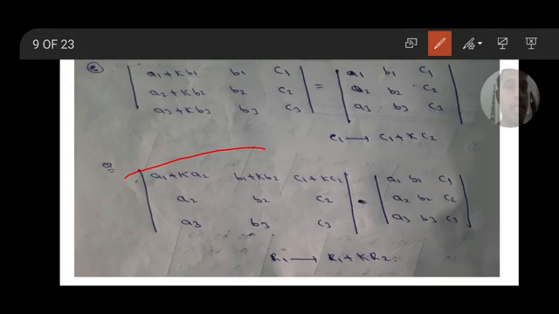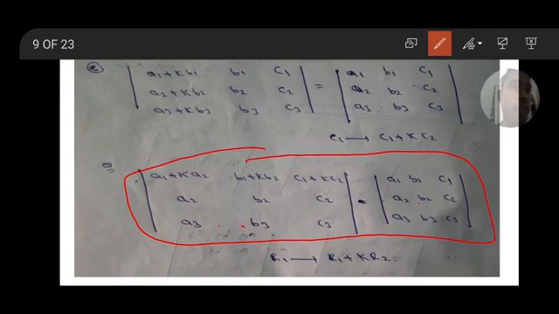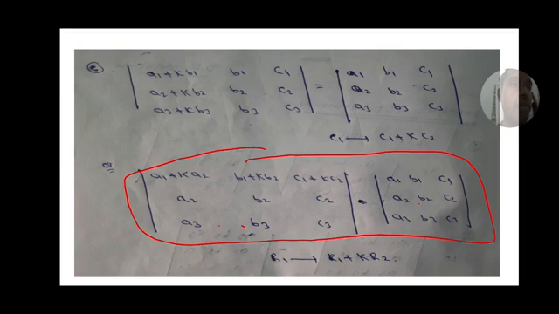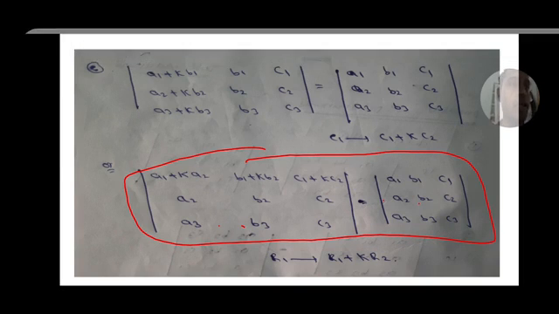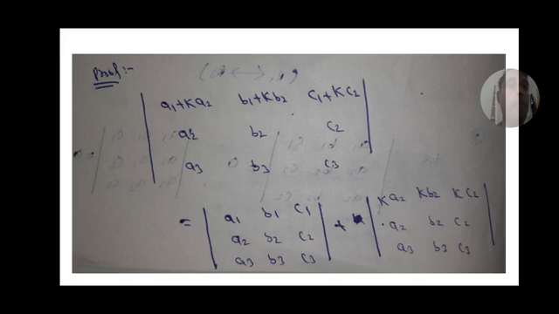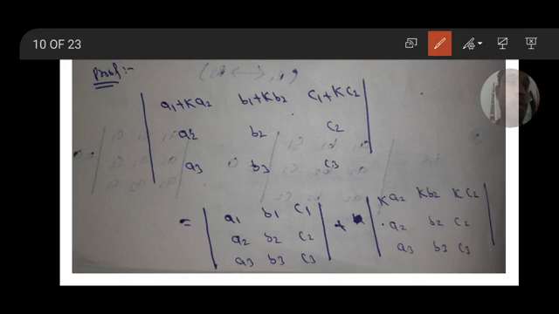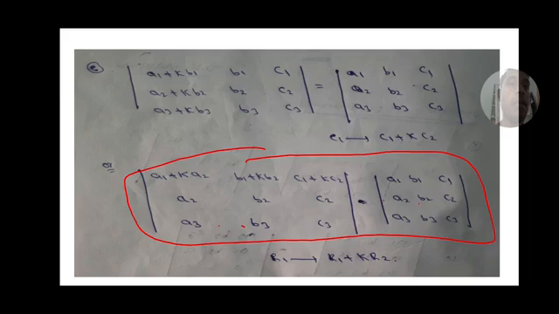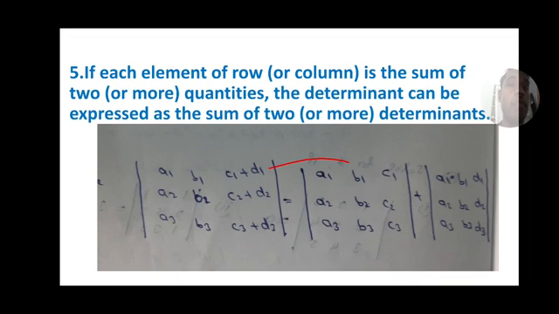I will take this proof of this one. Both the determinants will be equal. How they will equal we will see in the next slide. Next, A1 plus KA2, B1 plus KB2, C1 plus KC2, A2 B2 C2, A3 B3 C3 determinant. By using which property? Fifth property, each element of row or column.